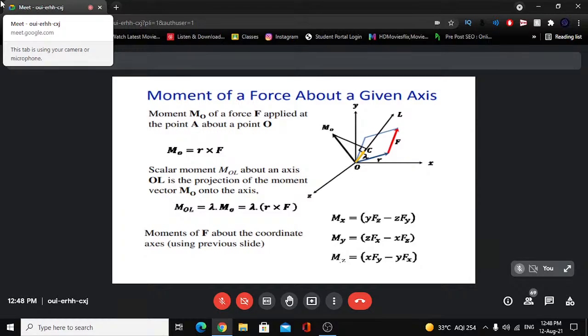So we need to know the lambda, and then the moment of force about this axis will be in the direction represented by lambda.